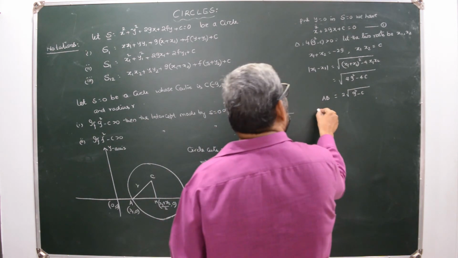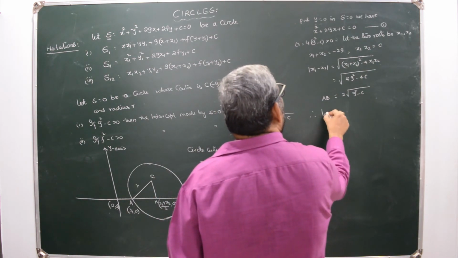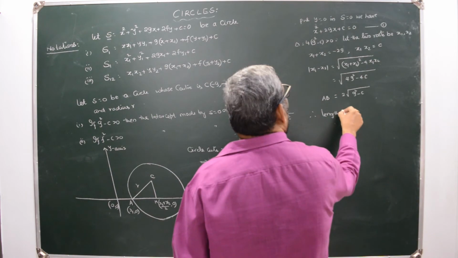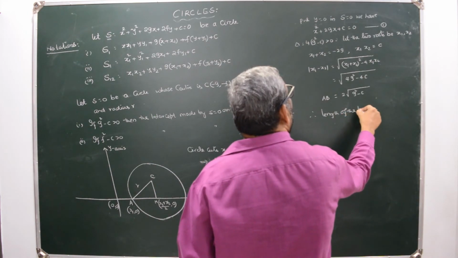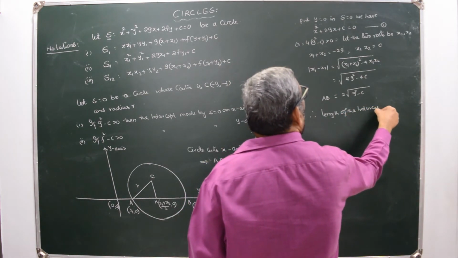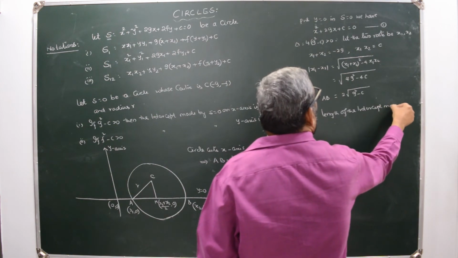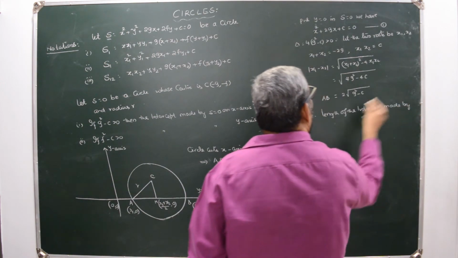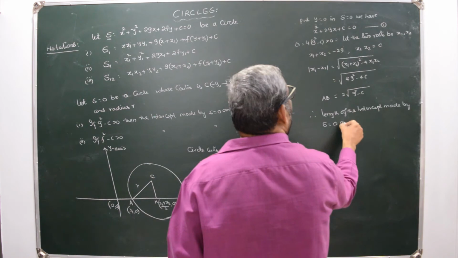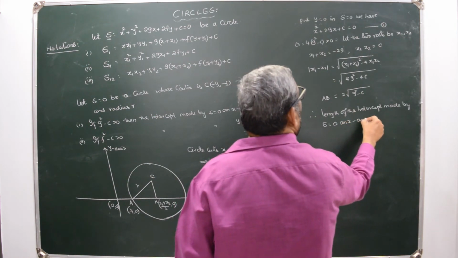So this is therefore the length of the intercept made by S equal to 0 on the x-axis.